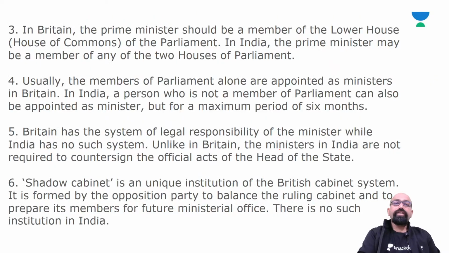Next, in Britain, the Prime Minister should be a member of the lower house, House of Commons of the Parliament. In India, Prime Minister may be a member of any of the two houses of Parliament. See, this is the difference. In Britain, Prime Minister should be a member of the lower house.